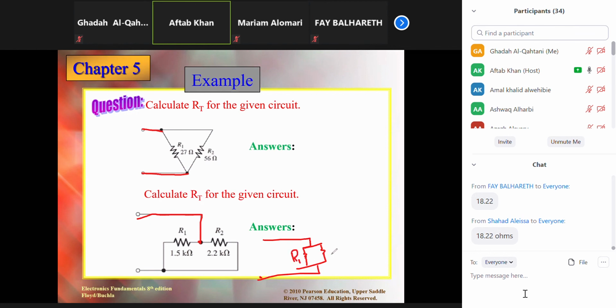R1 and R2 both share common nodes. They are connected end to end. This is one end of both resistances, and the other is also the other end of the resistances. So you can also calculate that one. Is it clear, girls, to everyone? Okay. That's it. So this is clear.